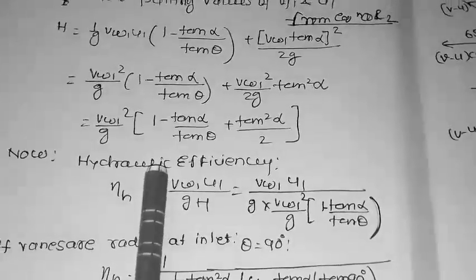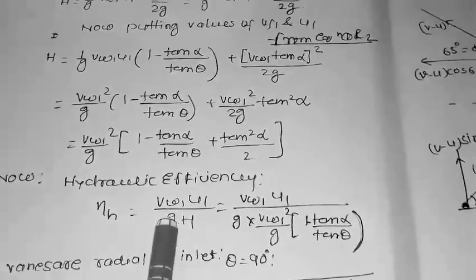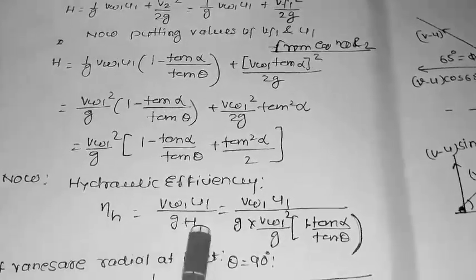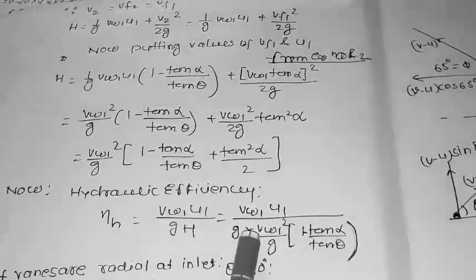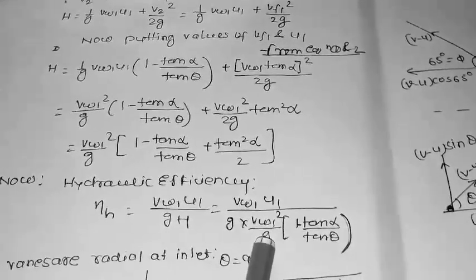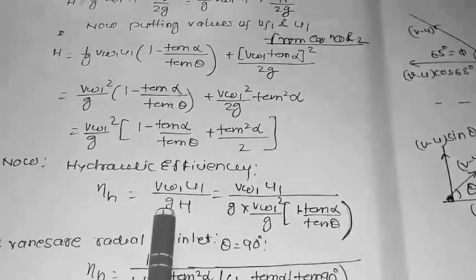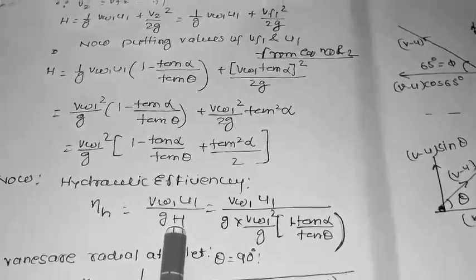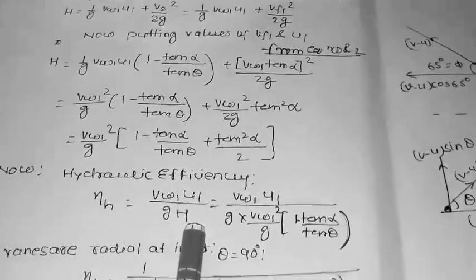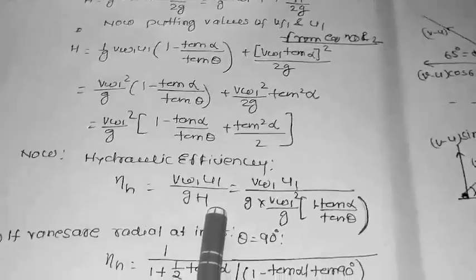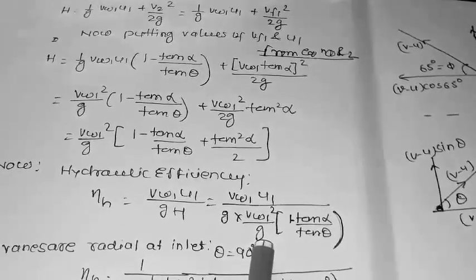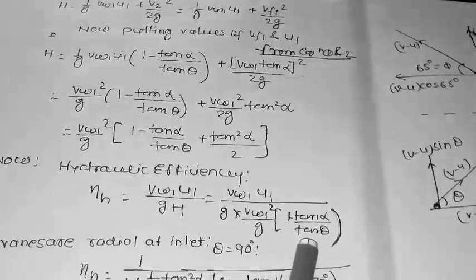Now because we know that the hydraulic efficiency is equal to Vw1 u1 upon gH, runner power upon water power, put the value of H, and already the value of H is achieved, and that value is Vw1 square upon g into 1 minus tan alpha upon tan theta.